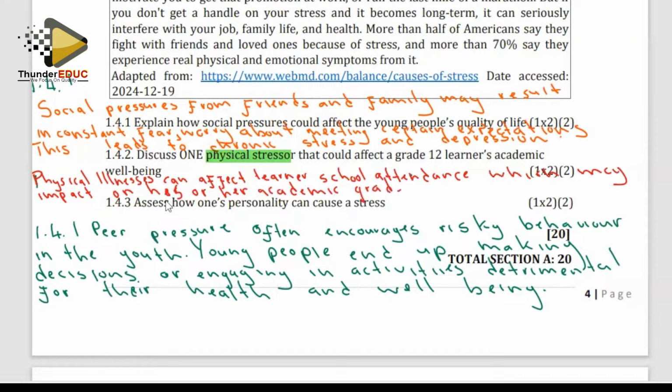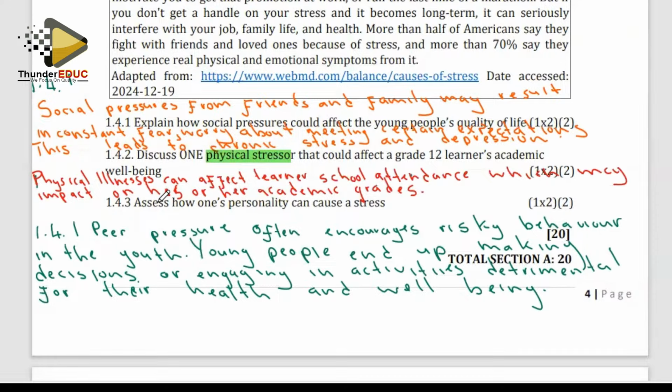Learners might miss school simply because they are not feeling well. That is an example of a physical stressor. This might also have an impact on their academic grades when they miss certain classes.